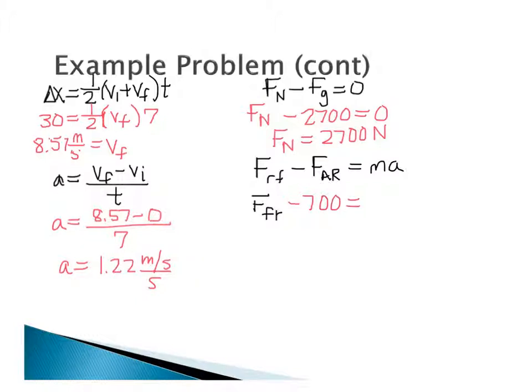I know the acceleration of the car, I figured it out using kinematic equations, was 1.22 meters per second each second. Now, I don't know the mass of the car, so I need to figure that out, and I can go off to the side and use another relationship that I know to figure out mass. I know that the weight of an object is equal to its mass times the acceleration due to gravity, so in this case, I know the weight of the car was 2,700 newtons.